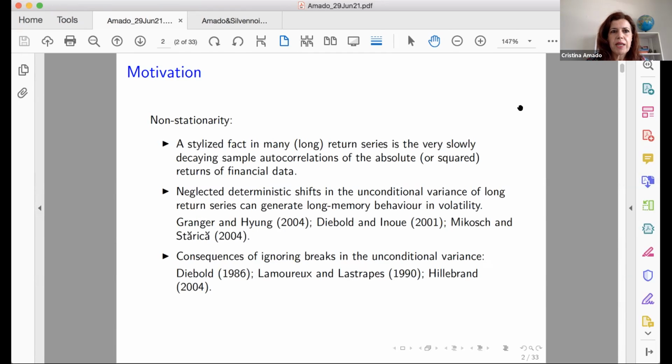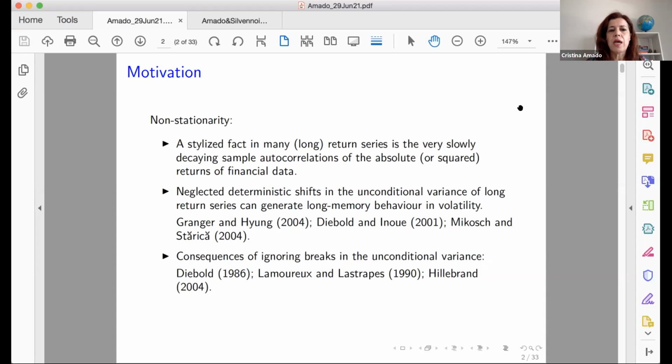I'll start with the motivation of non-stationarity, namely one of the stylized facts that we observe in many long return series. If we have a very long series, it's very likely that structural breaks, smooth transitions and smooth changes occur during the sample period.